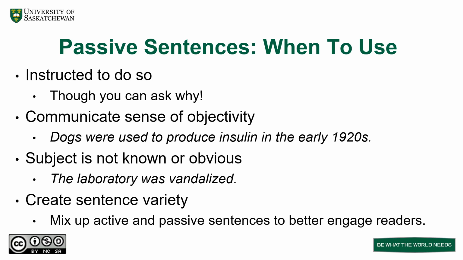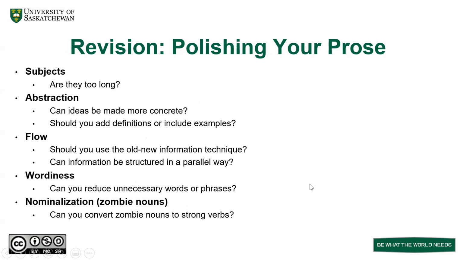You can make use of it when the subject is not known or not very obvious, or if it's just unnecessary, so the laboratory was vandalized. Or if you just want to create some sentence variety, mixing up active and passive sentences. But generally speaking, an active sentence is going to be more valued by readers compared to a passive sentence.